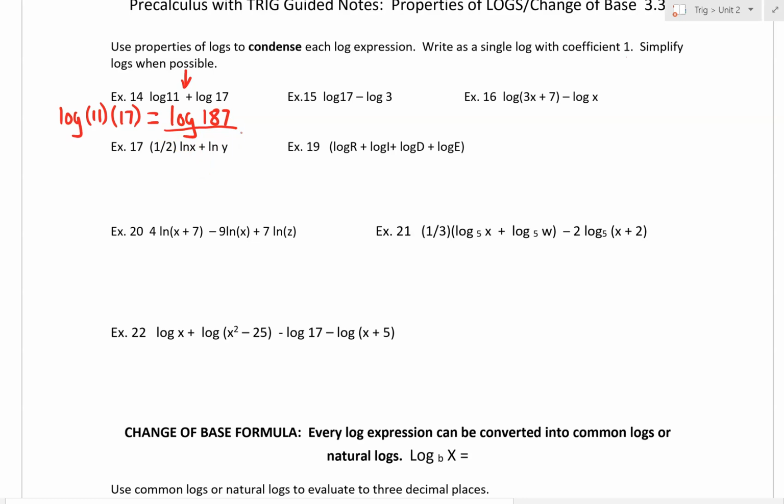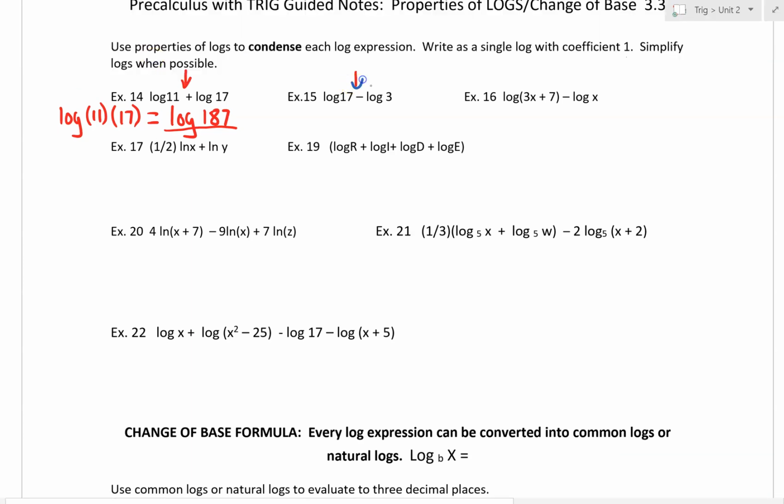Now notice, I started out with the logs, 2 of them, and I ended up having just 1 instance of the word log. And that's really what you want to look at here. When you're putting things back together, you are going to put them together in such a way that you only have 1 log and then doing everything else. What is the negative here telling you?